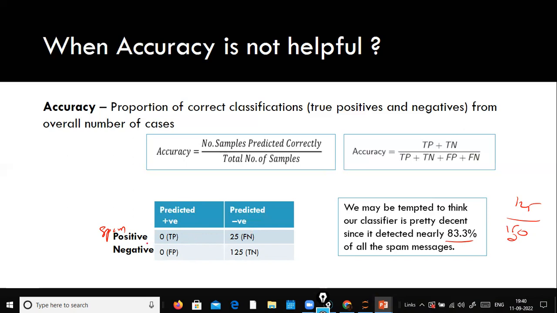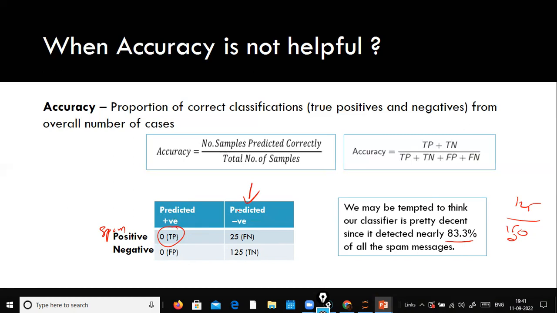So here, I will just explain one more thing. My model predicted 25 emails as non-spam, but actually they are spam. This 25 should be there, but my model was not able to detect even a single email as spam, whereas 25 emails are spam.